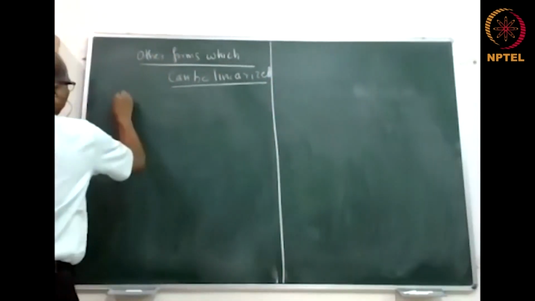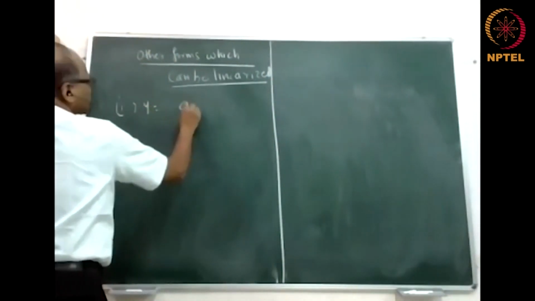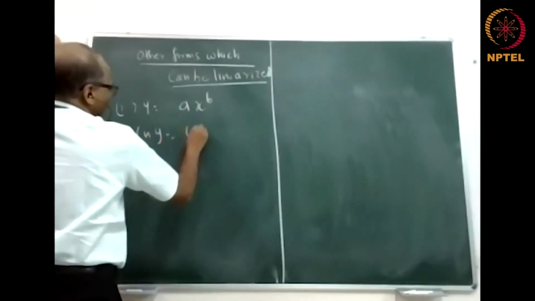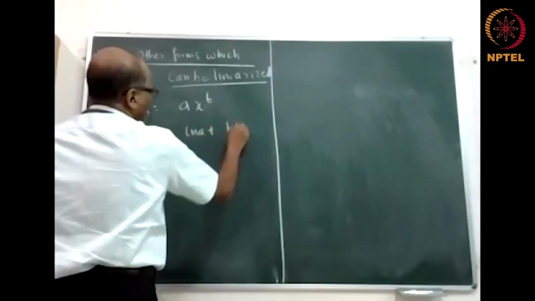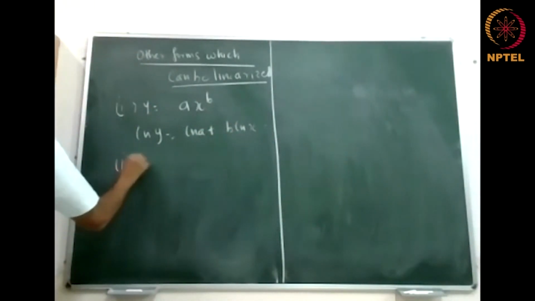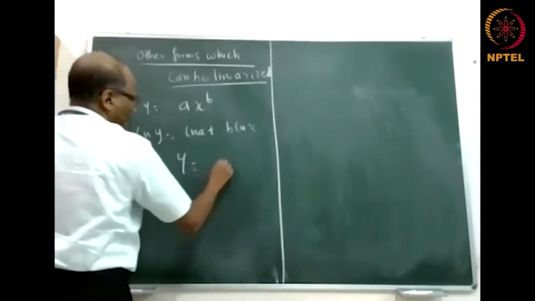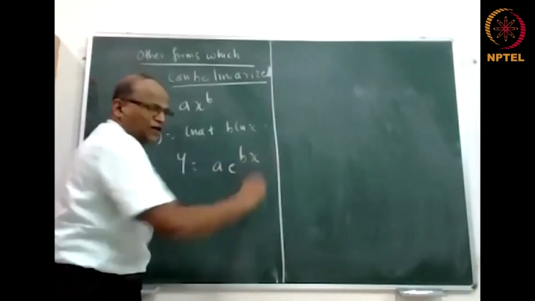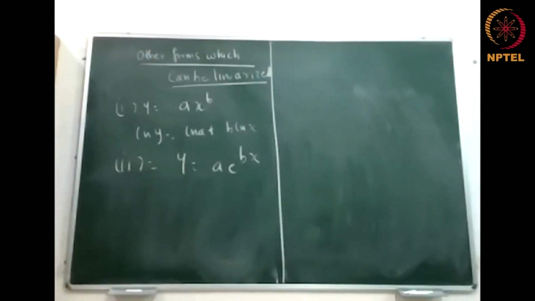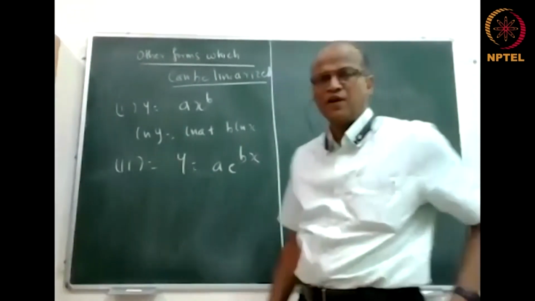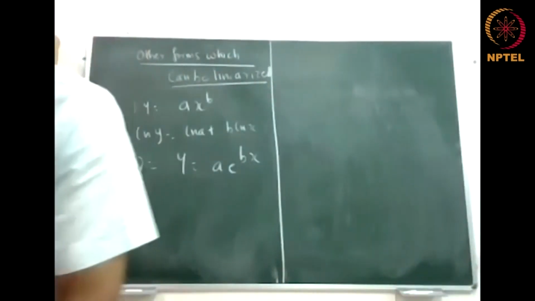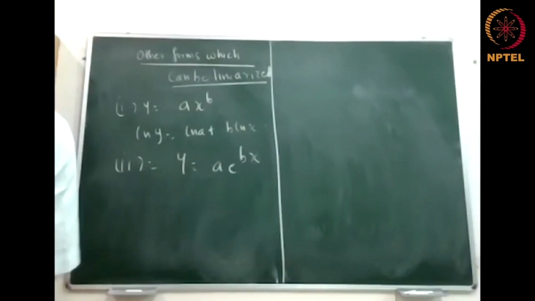So y equal to a x to the power of b, we saw that. So ln y. Can you linearize this? How do you do that? Apply a log. Yeah, apply ln. Please do that.